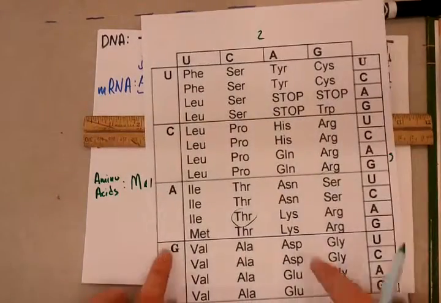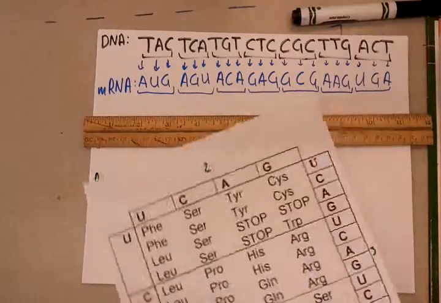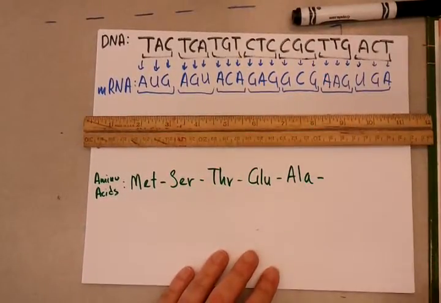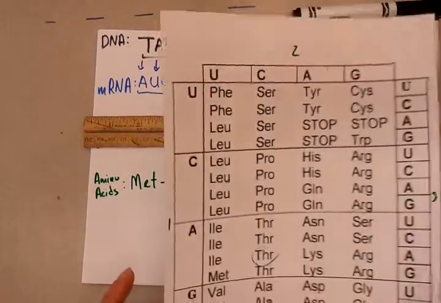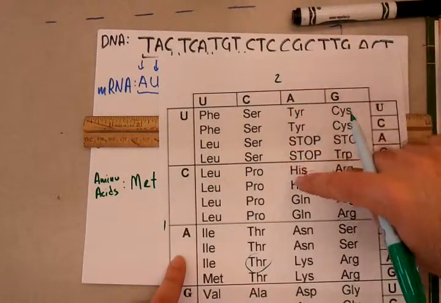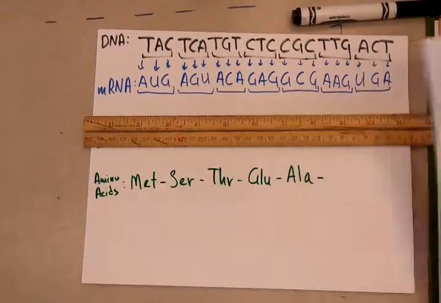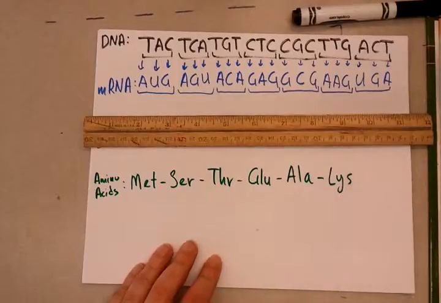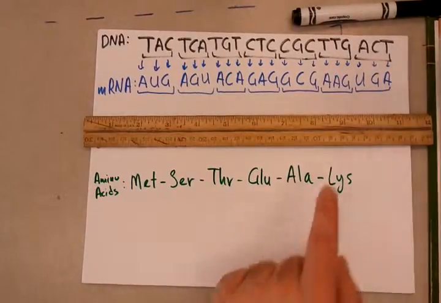GCG, yep. So GCG, that's alanine, ALA. Then AAG, A, A, G, lysine, LYS. And last but not least, UGA.